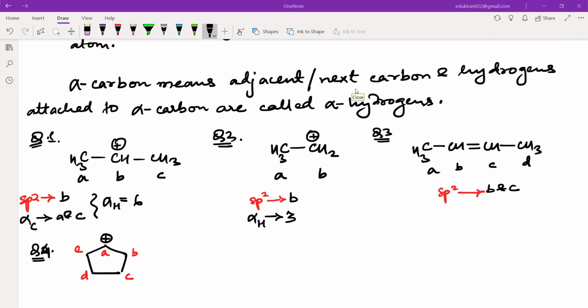What about how many alpha hydrogens here? 6. What about the fourth structure? Which of the following is sp2? A. Okay, and how many alpha hydrogens are there? 6.